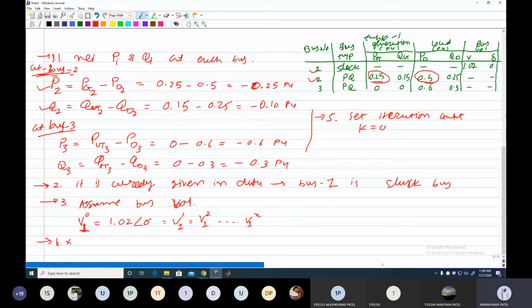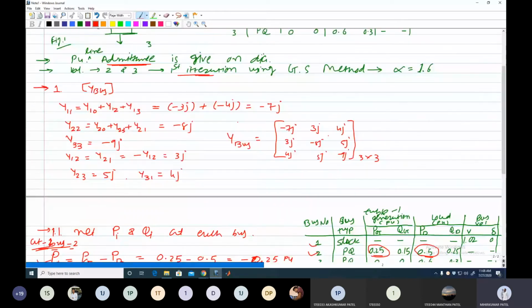K equal to 0 means the first iteration. So here we have selected k as 0 for our first iteration because we have to calculate the voltages at bus number 2 and 3 for the first iteration using our GS method. Clear?